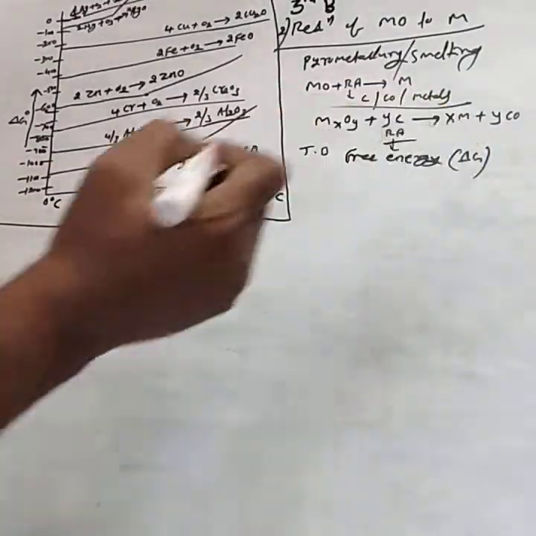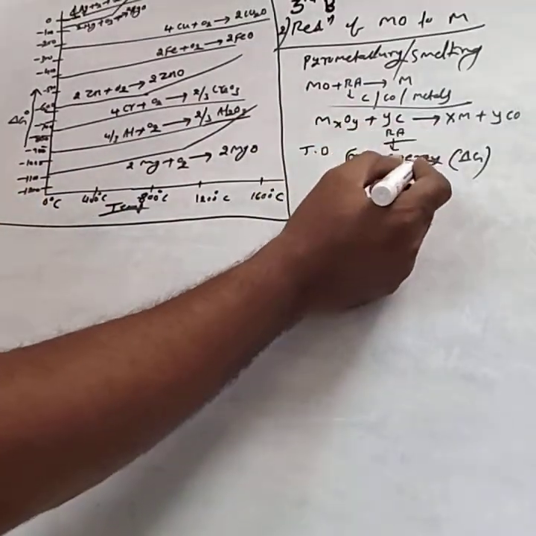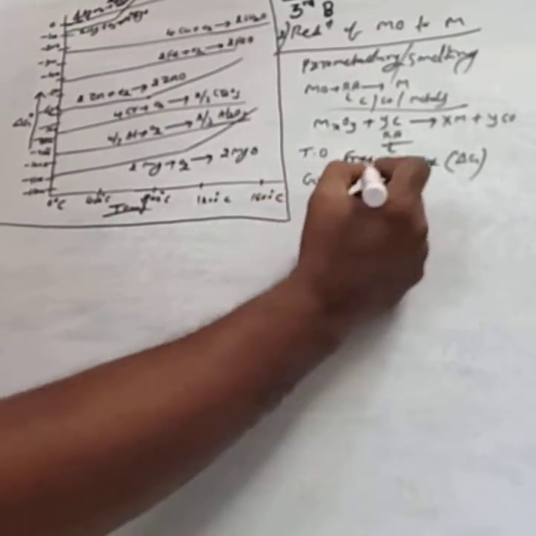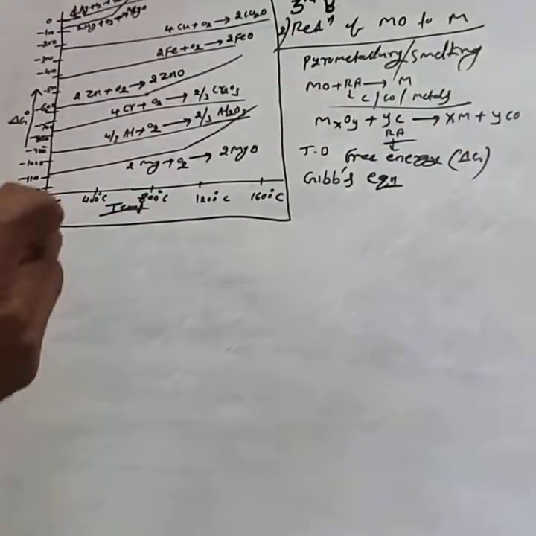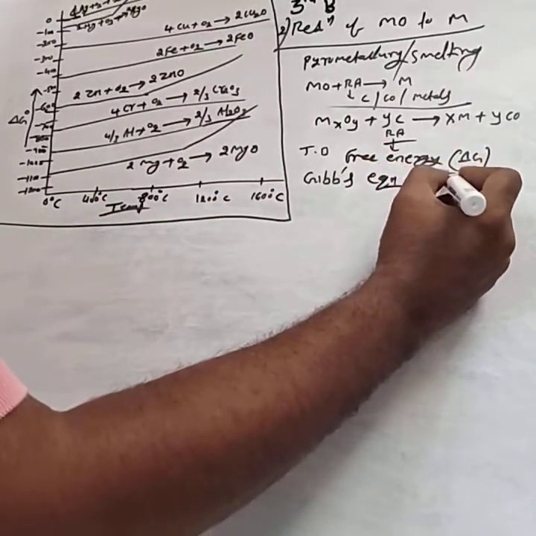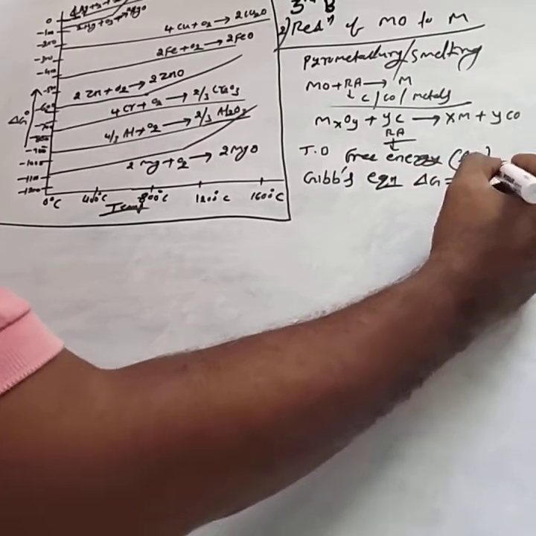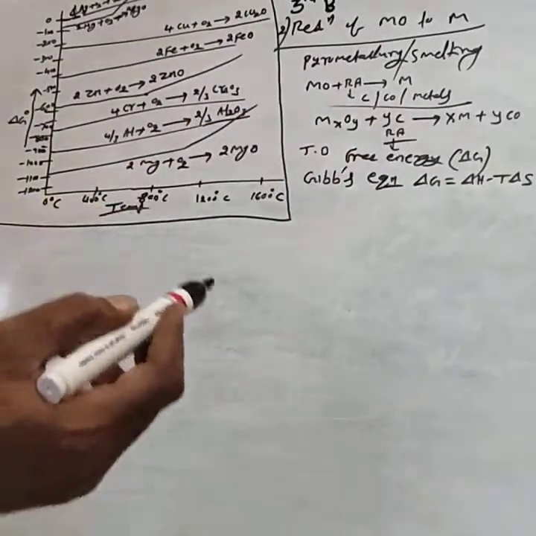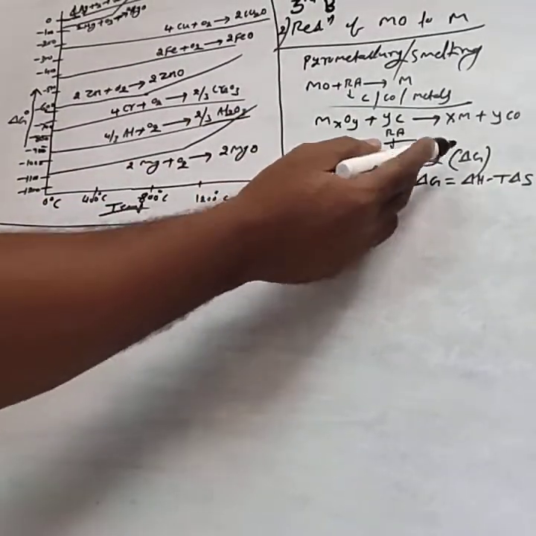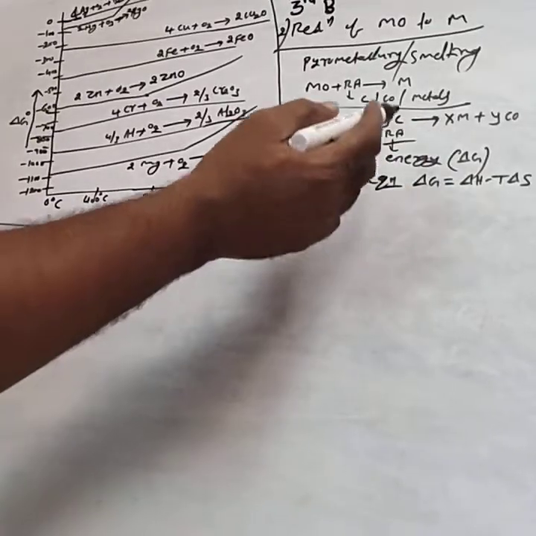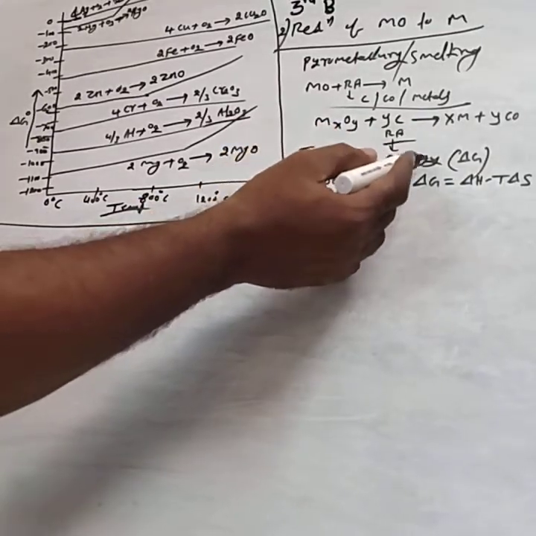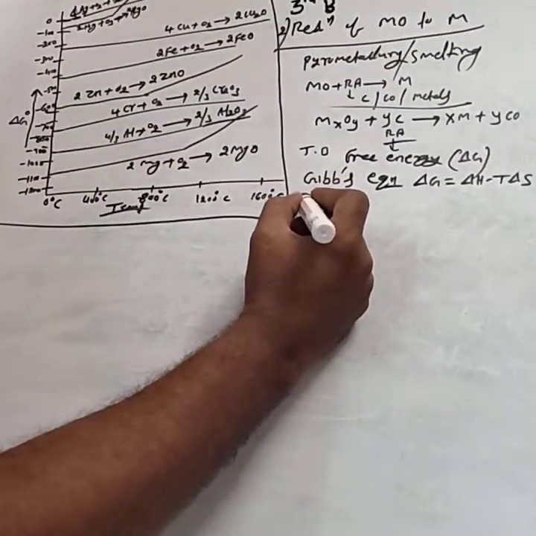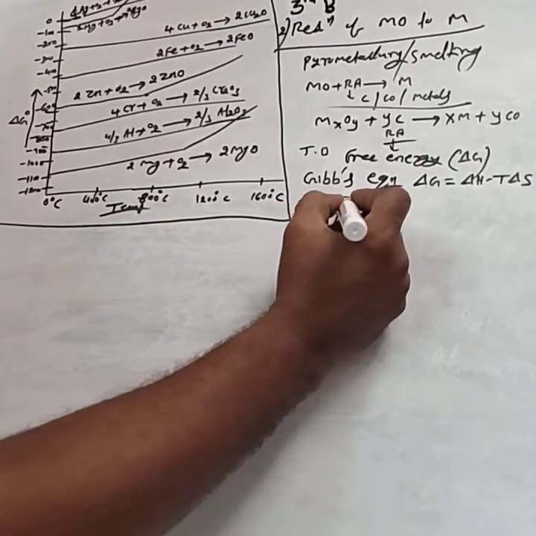This change in free energy can be calculated at different temperatures by using the Gibbs equation: delta G equals delta H minus T delta S. By using this Gibbs equation, calculate delta G at different temperatures. By using this free energy concept, we can select the reducing agent with the help of an Ellingham diagram.